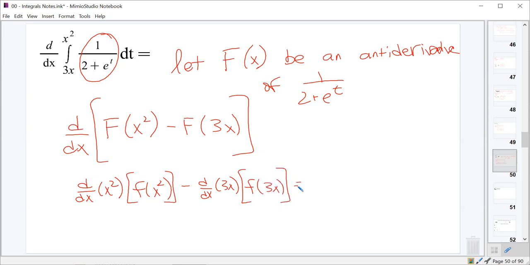And we can put all that together pretty straightforwardly. The derivative of x squared is 2x. So we'll have 2x times 1 over 2 plus e to the x squared. And the second half of it will be the derivative of 3x, which is 3, over 2 plus e to the 3x.